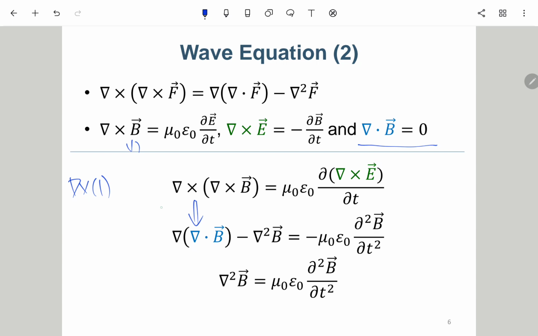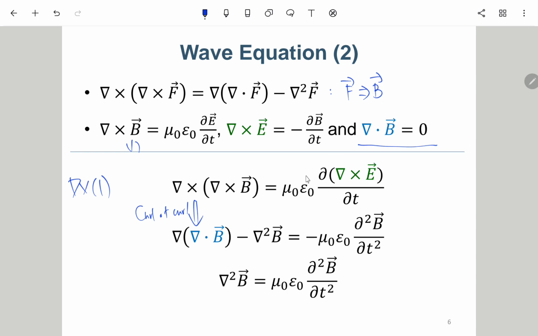Of course, we make use of the curl identity, where F is replaced by the B vector. So we have the gradient of the divergence of B minus the Laplacian of B equals this thing.